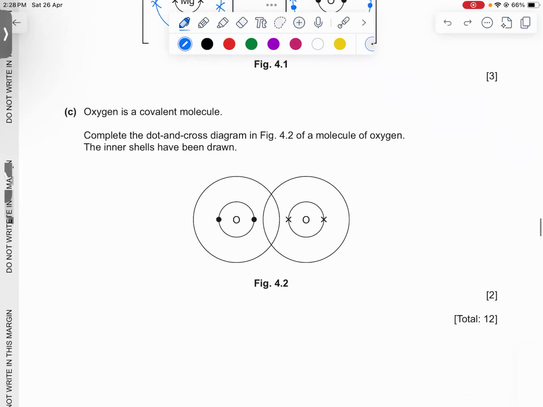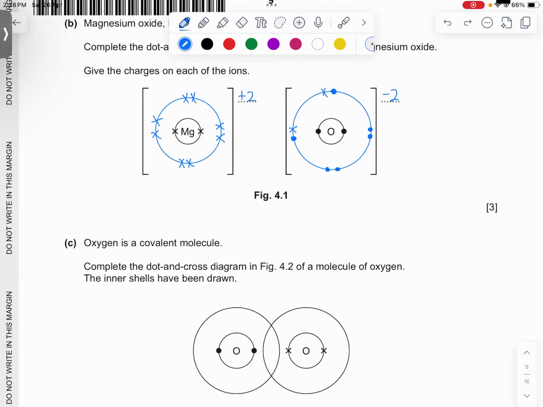If anyone else has this question, or is listening to the recording, it is very easy to remember. Look, the reason why something is called +2 is because it now has two more protons than electrons. Once you lose an electron, you automatically have one more proton. So you have one plus charge extra, right?